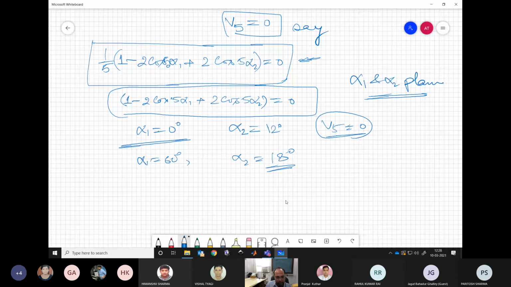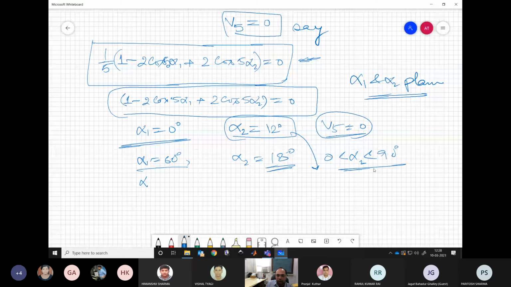Yes. Okay, fine. So there could be another value of this alpha 2 also, when we are having this range, let's say 0 to 90 degree. Which means if this is true for 12 degree, this could also be true for 60 degree, isn't it? Is this true or not? Is it correct?